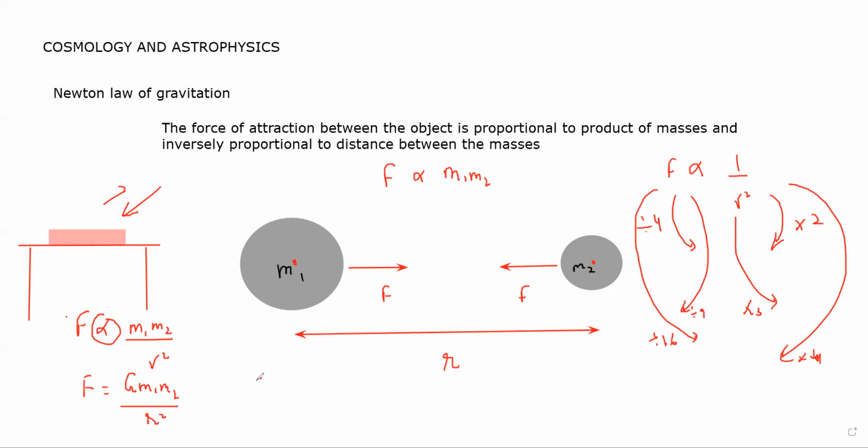The value of G is a constant, which is 6.7 times 10 to the power minus 11. And what will be the unit? Finding the unit of G: the force is in newtons, so this will be newton. Distance is in meters, and it is squared, so it becomes meter squared, and divided by mass in kilograms, so it becomes kilogram squared.